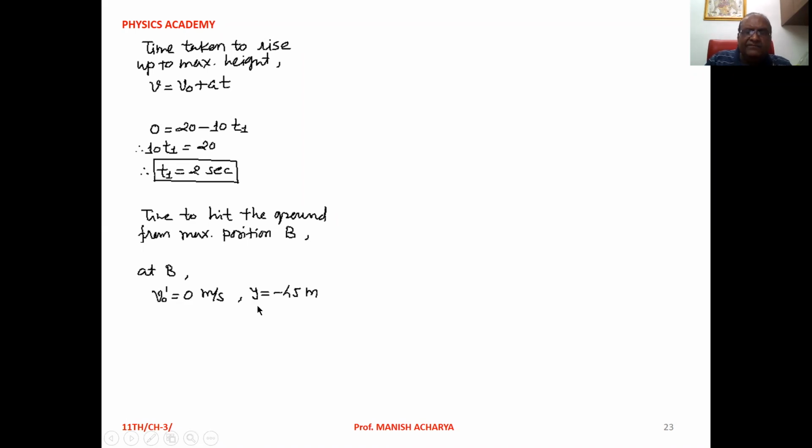Now y. From maximum height to hit the ground, it has to cover the total distance of 45 meters downward, because the height of the building is 25, and from the top the ball rises up by 20. So it covers 45 meters in the downward direction. So y is taken as minus 45 meters.